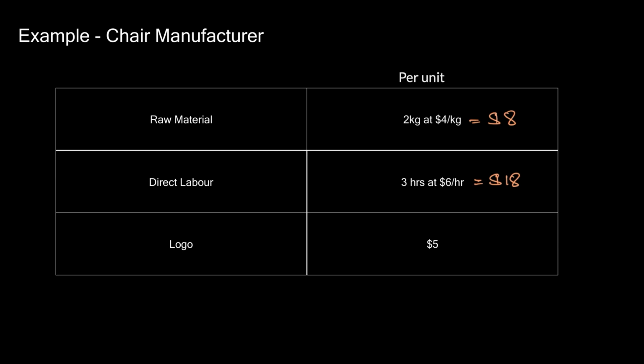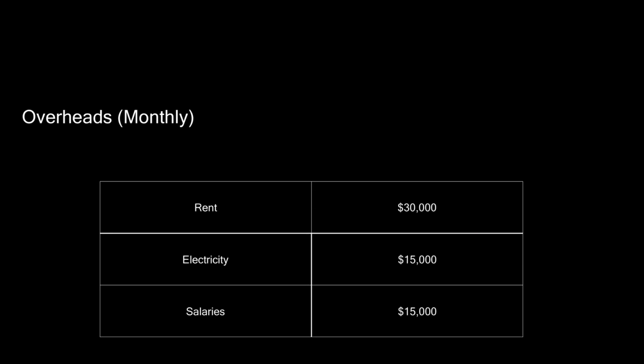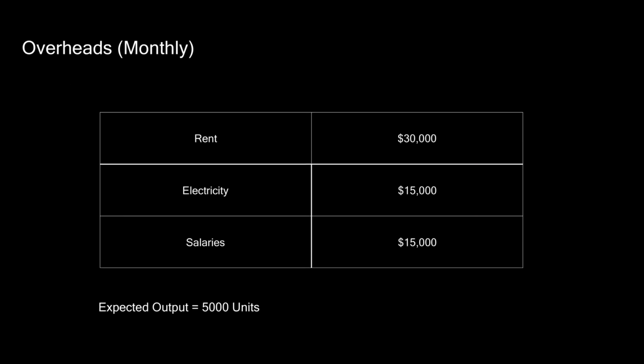But the firm does not only incur direct cost, a firm will also incur indirect cost or overheads. So let's say these are my overheads for the month. I need to pay 30,000 as rent for my factory or the room from where I'm operating. 15,000 I have to pay every month for the electricity bill, and I have to pay supervisor salaries or other admin salaries amounting to $15,000 as well.